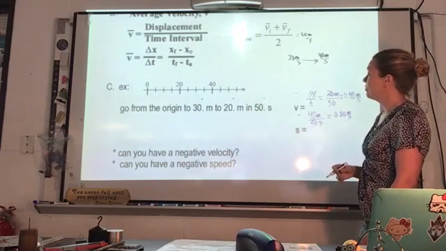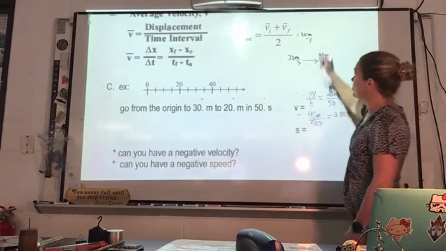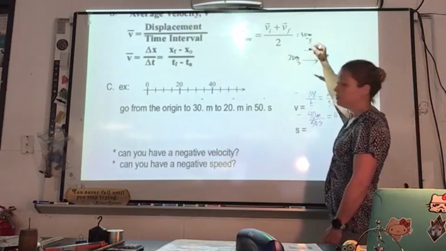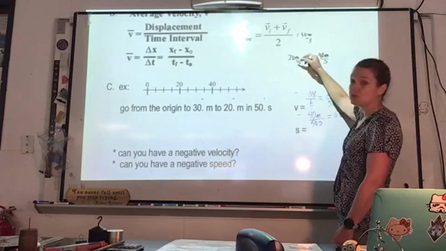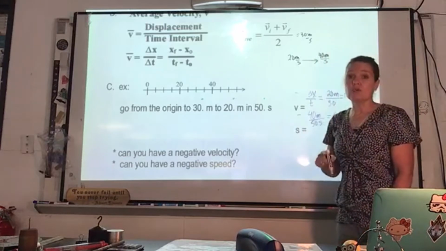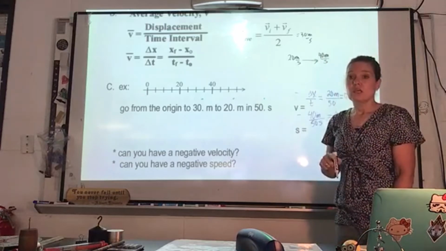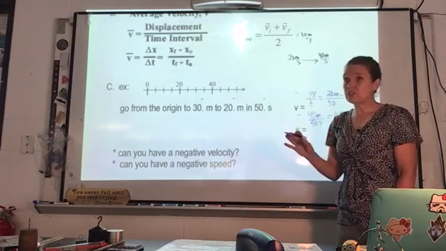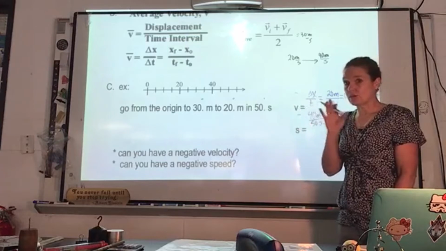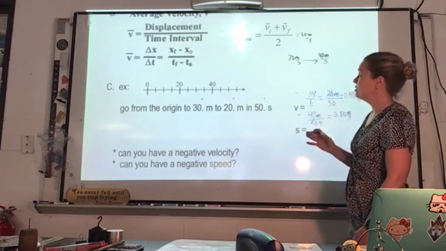The other thing is, notice when I get an average, it doesn't represent the velocity at which you started or at which you ended, if you are not going uniformly. If you don't change your speed or your velocity, then it's going to be the same.